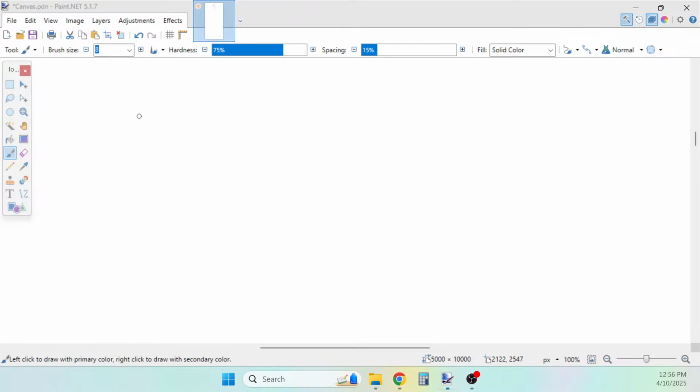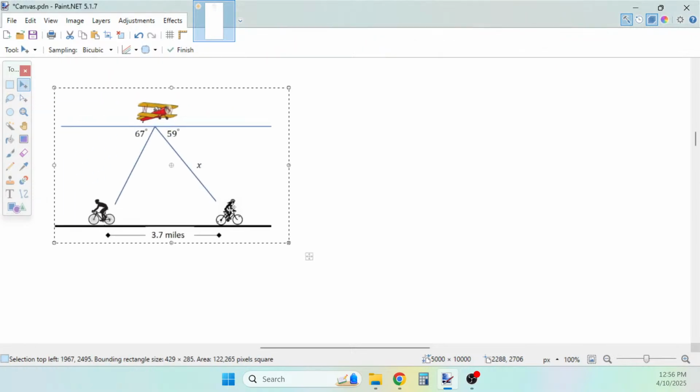He determines the angle of depression to the person biking north to be 67 degrees, and the person riding south to be 59 degrees. Determine the distance labeled x in the picture from the plane to the person biking south.